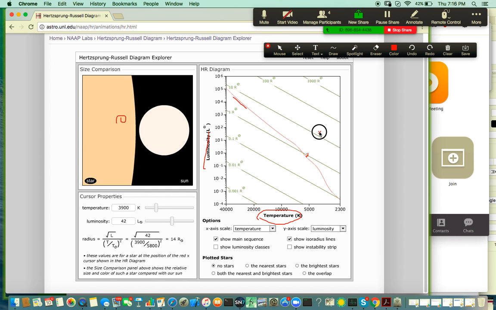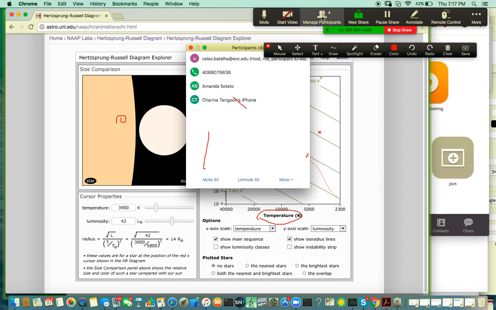Hello? Oh, I'm sorry. I just got in. I'm late. My name is Sharina. I'm using my iPhone because my computer is not working. So I hope this is okay. No, it's okay. Can you see what we are doing? I can't. Let me try to do it another way so I can see what you're doing. Who is this?